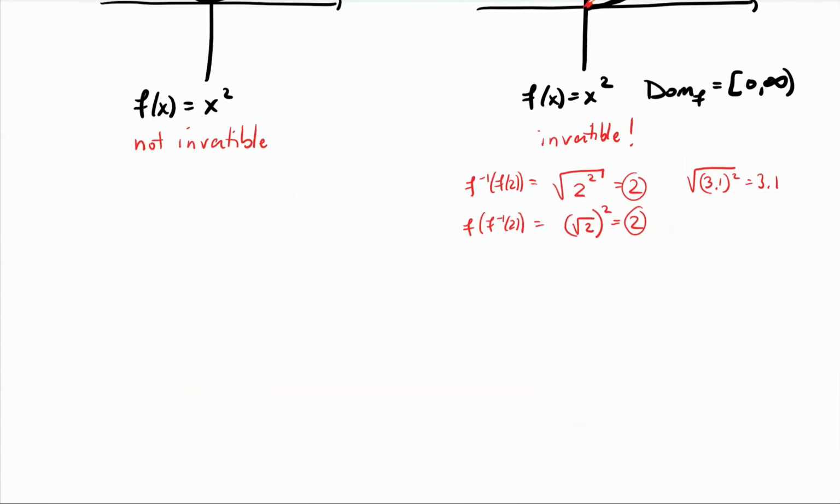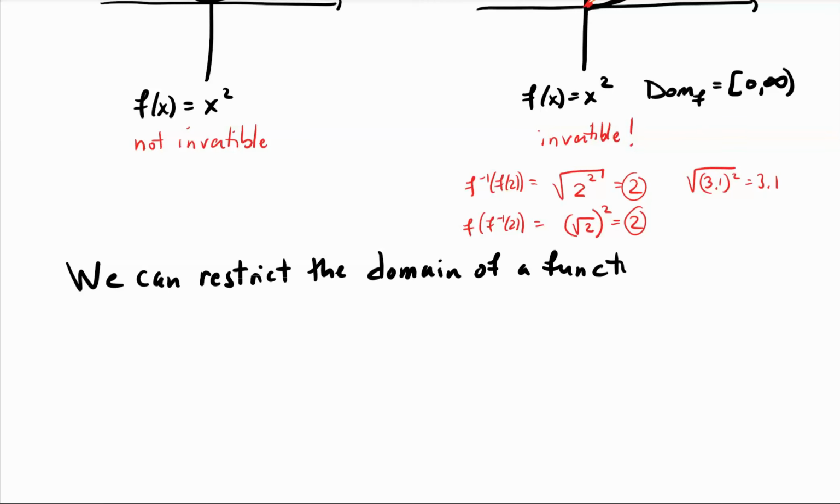More of the story, and that's going to be important for our trig functions: sine and cosine, you'll recall, are not functions that satisfy the horizontal line test. However, we can restrict the domain of a function to make it one-to-one.